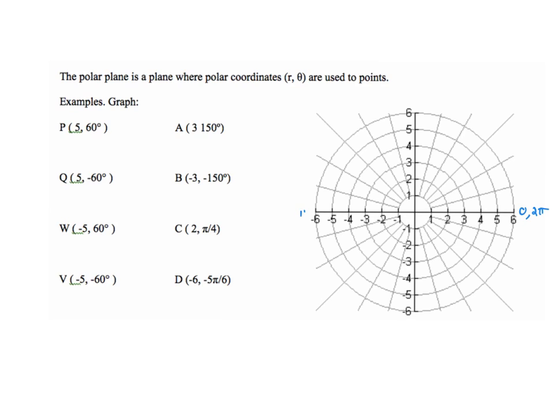That means that this angle over here is pi radians. That means that this angle up here is half of that, or pi over 2 radians. And that means that this angle here is half of pi over 2, or pi over 4 radians, which is 45 degrees. And we can label in some other things too. For example, this line right here is pi over 6.